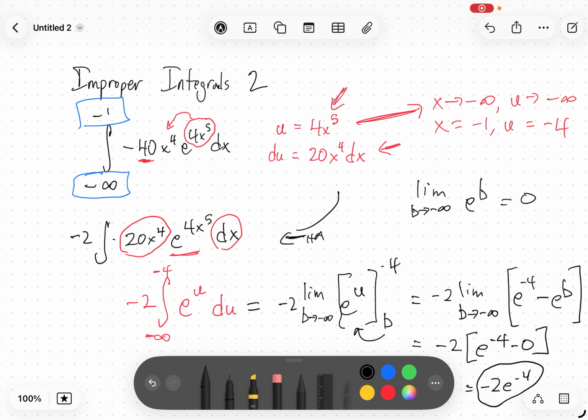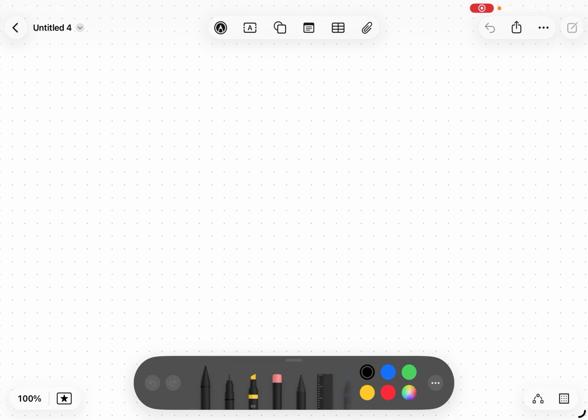All right, let's do another one just so you can see another kind of example with improper integrals. This time I'll just use blue. This one is going to be the integral from 1 to infinity of x e to the negative x dx.